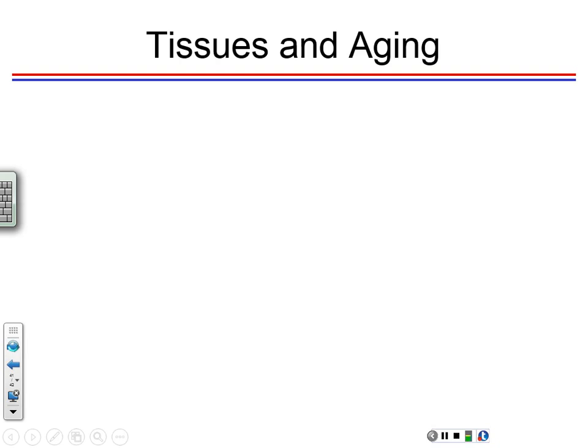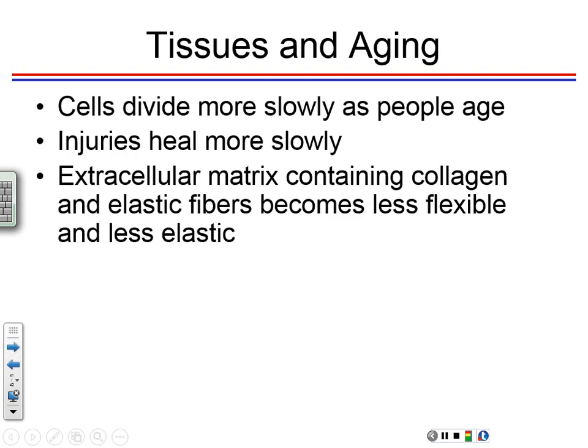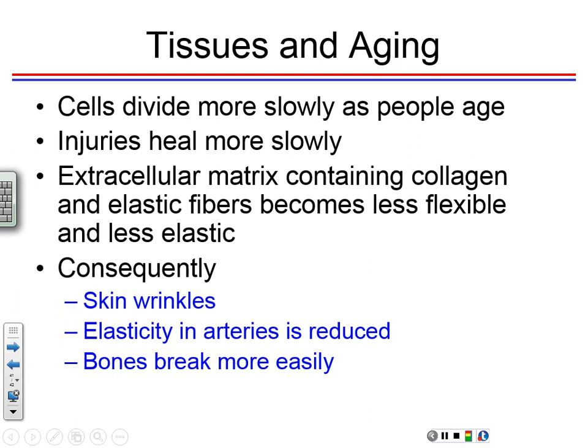All right, tissues and aging. I think this is the last slide. I wanted to talk more about this because of the skin and how it wrinkles up, because it loses elasticity and those elastic fibers go, so the skin will start to sag and wrinkle. And like I said earlier, you get loss of elasticity in the arteries as you get older, because the elastic fibers are not there, and pumping blood becomes a problem.